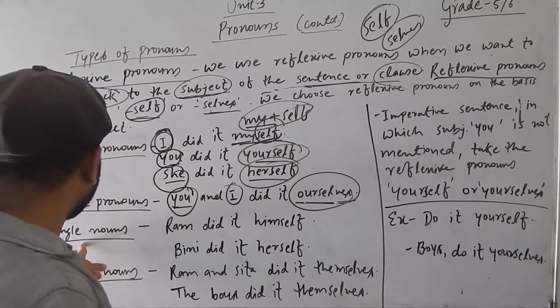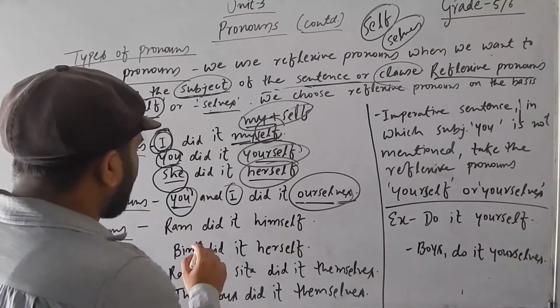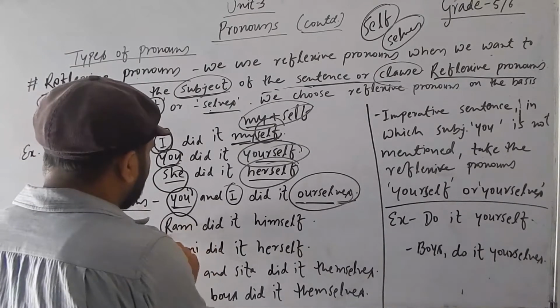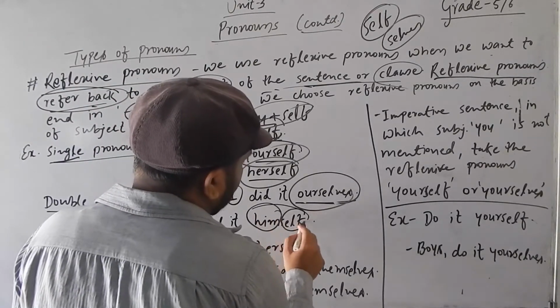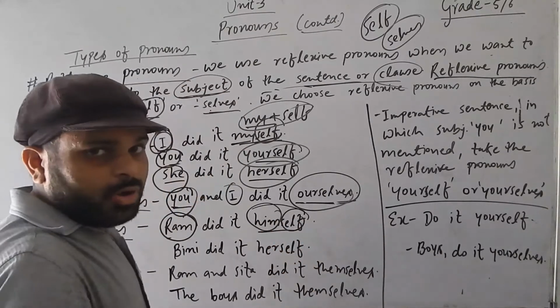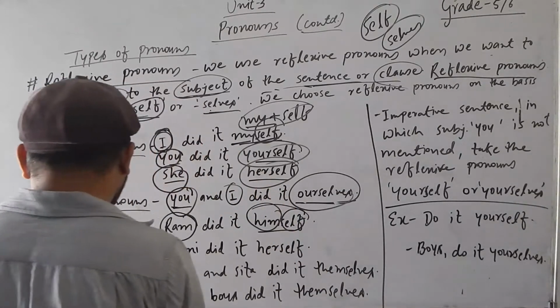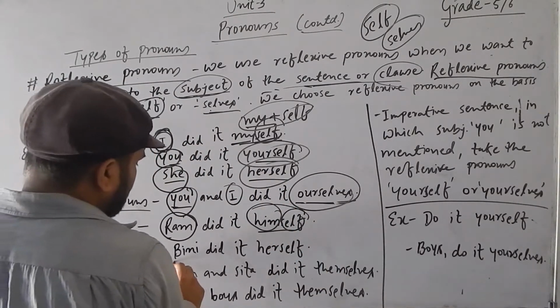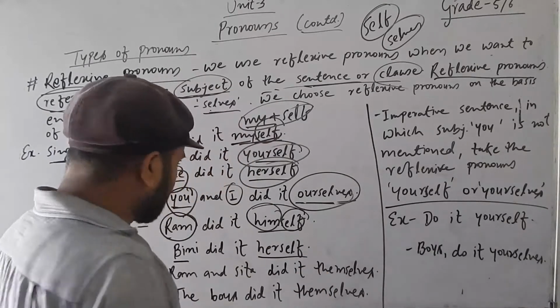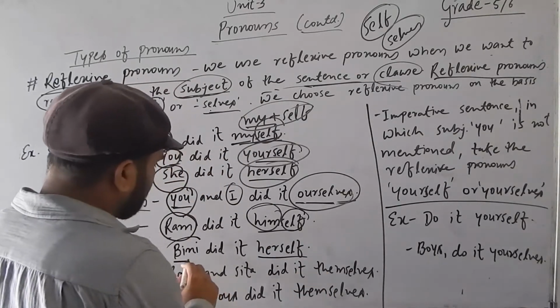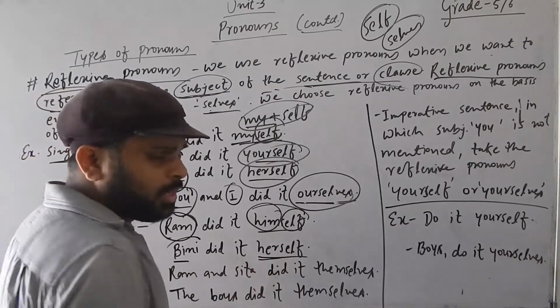Next, single nouns. Ram did it himself. For Ram, him comes and plus self, himself, because Ram is a single person, a single entity. Likewise, Bini did it herself. Bini is the name.